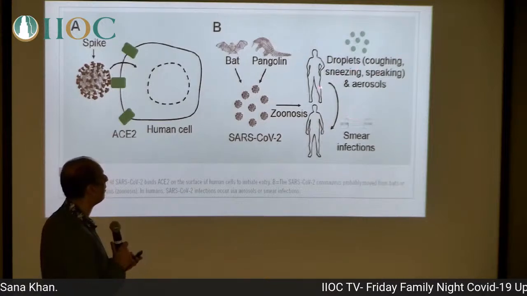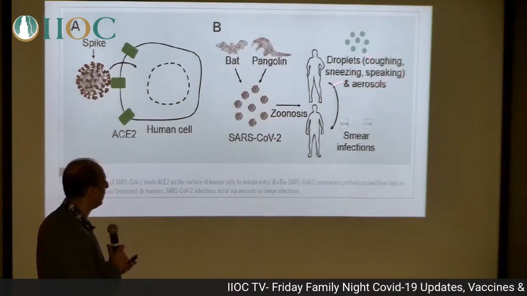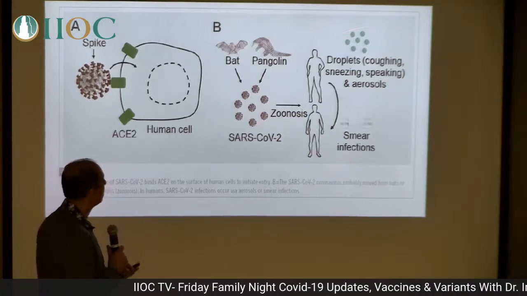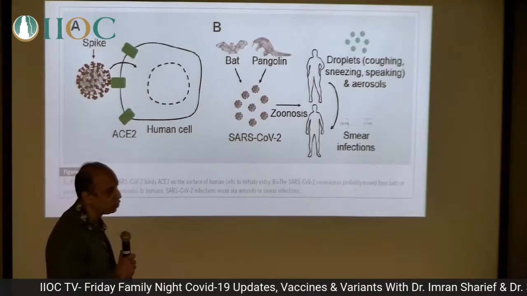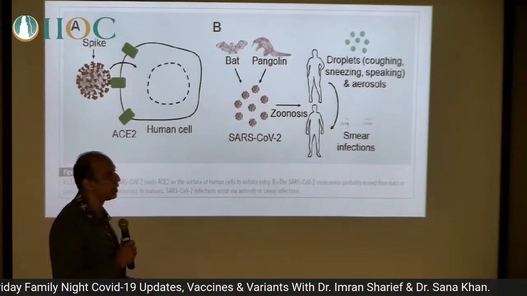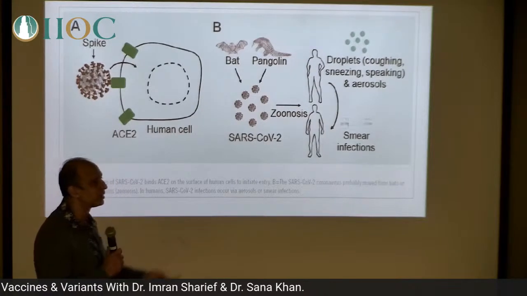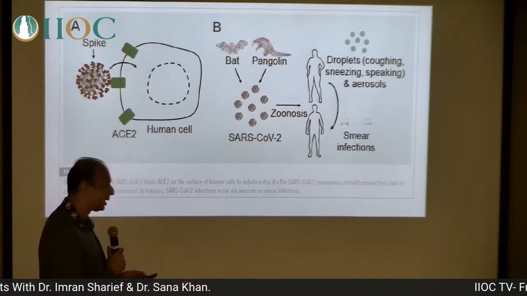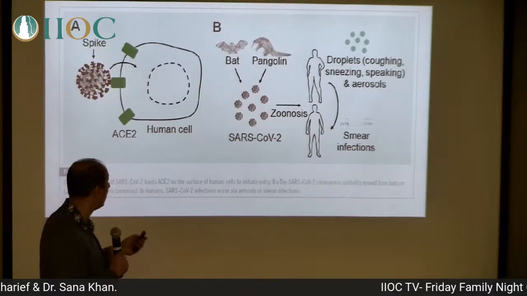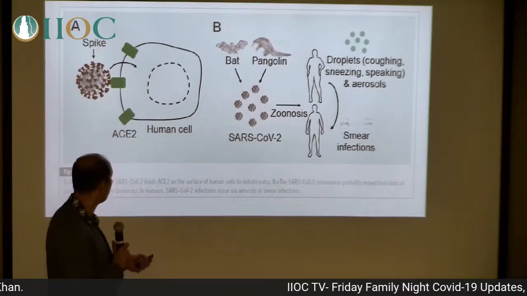So droplets, which is coughing, sneezing, speaking, and then you start transmitting it. So this is one way, but right now, as you know, there's a lot of theories out there that it was made up in the lab, and there are some other things that are also being proposed. But this is the most likely mechanism.